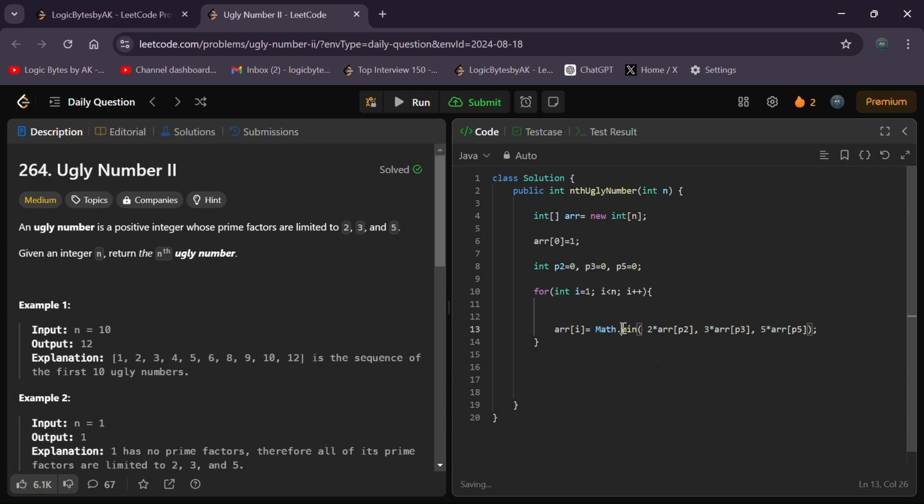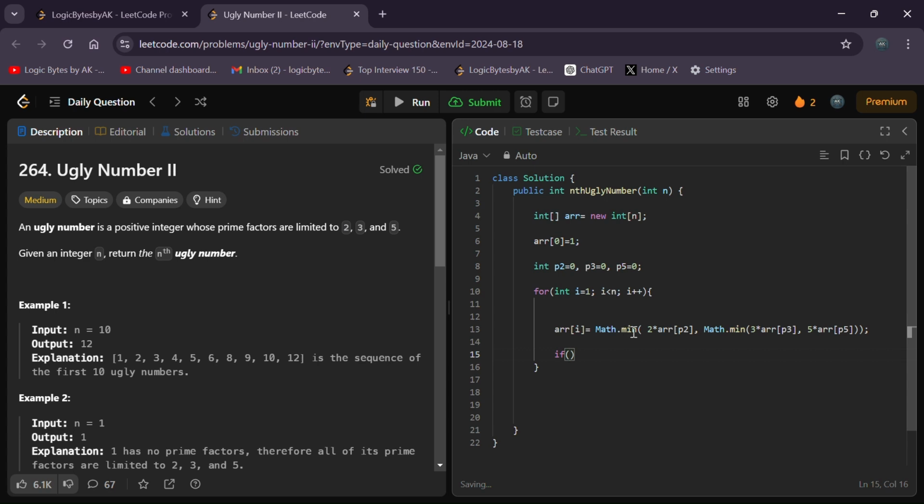We know the minimum function should contain only two parameters, but we have to find the minimum of three. So first we find the minimum of these two, and then we find the minimum with the next element, so we get the minimum of all three.